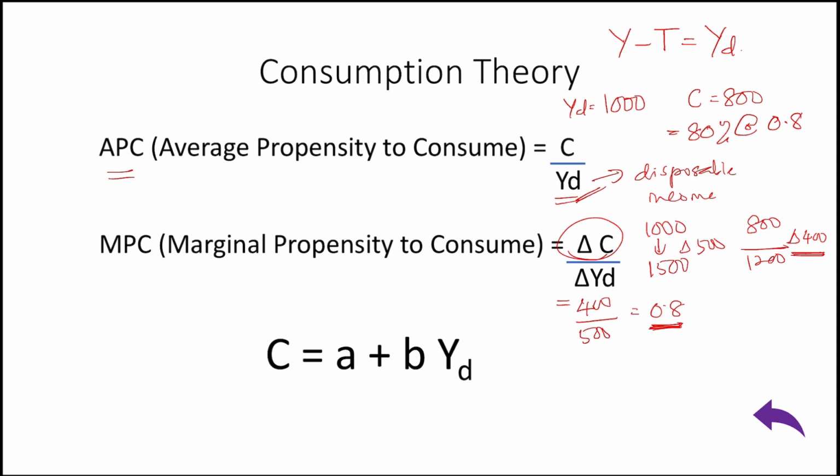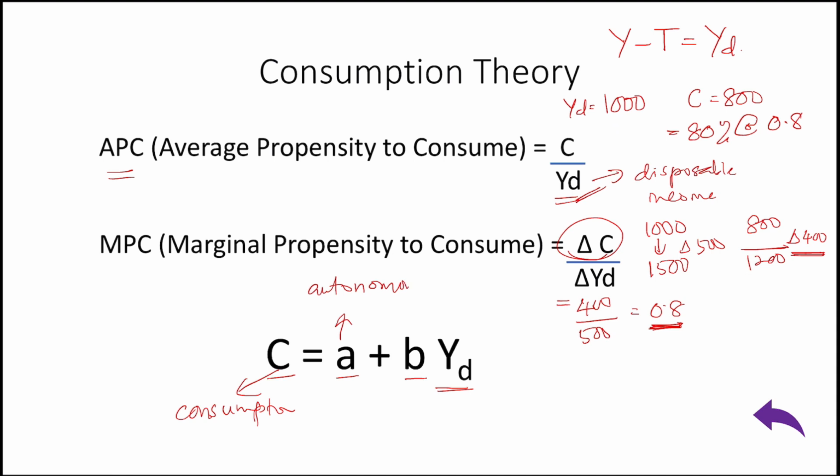So from APC and MPC, we can generate a function, a consumption function, which is C equals to A plus BYD. Okay, so we have C as consumption expenditure, A as autonomous consumption.